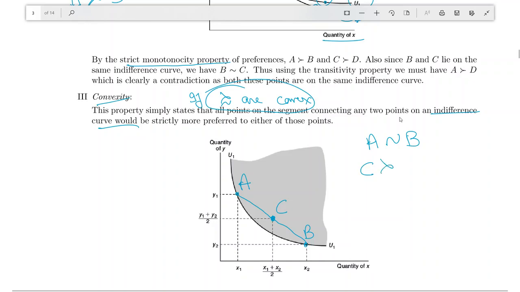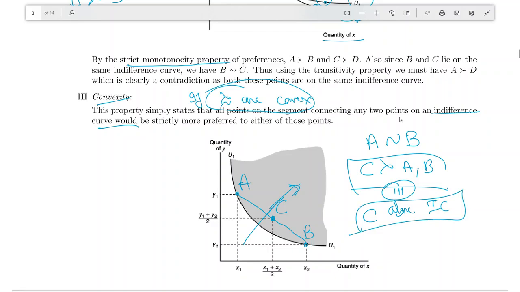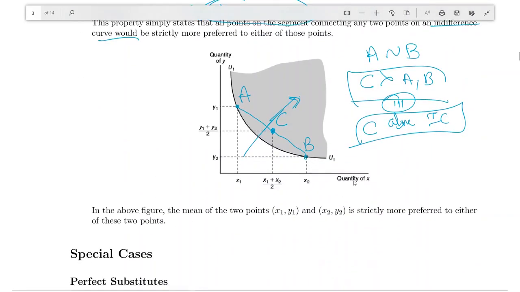It will be strictly preferred to both A and B. And I know that all points above this IC are at a higher utility, they are more preferred points. So the relationship checks out. C is strictly preferred to A and B, and C lies above my IC. Both these statements are logically equivalent. So that's my convexity of indifference curves.